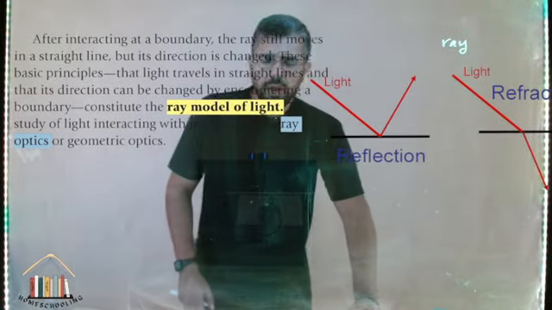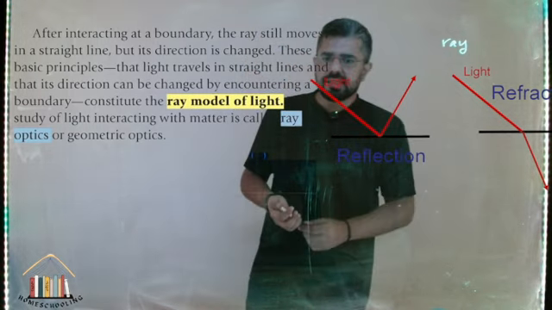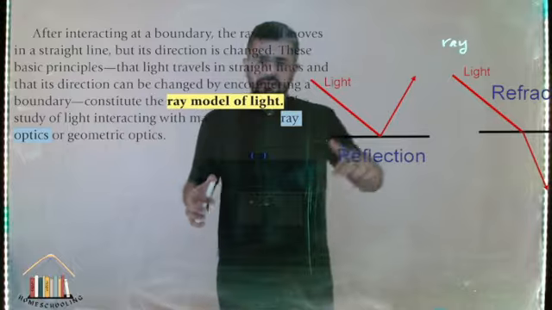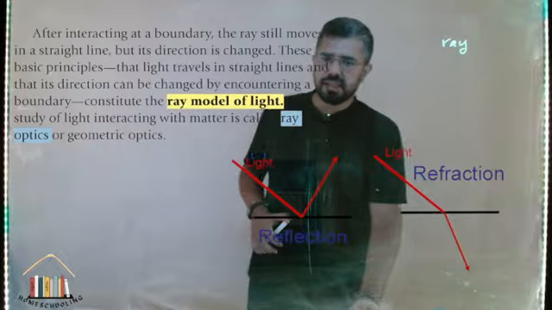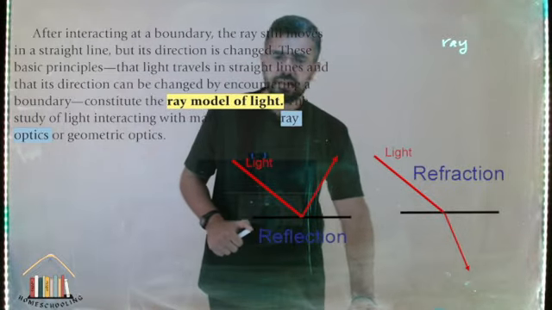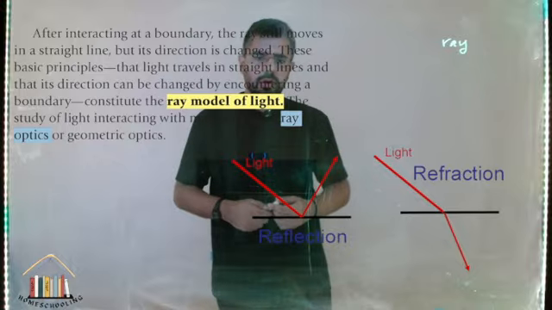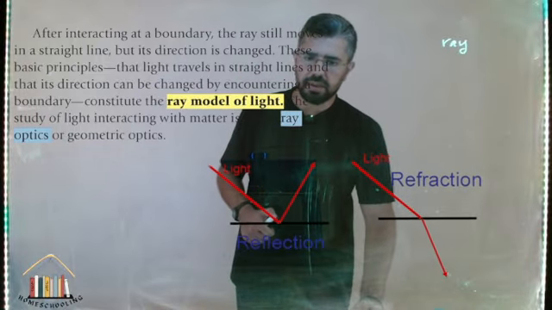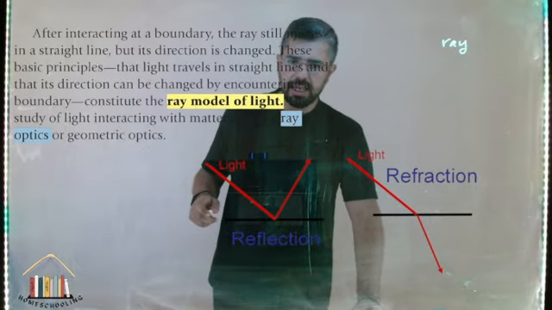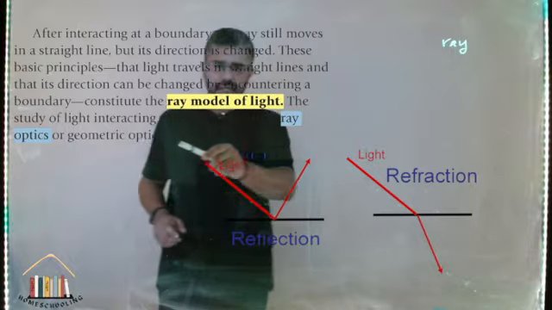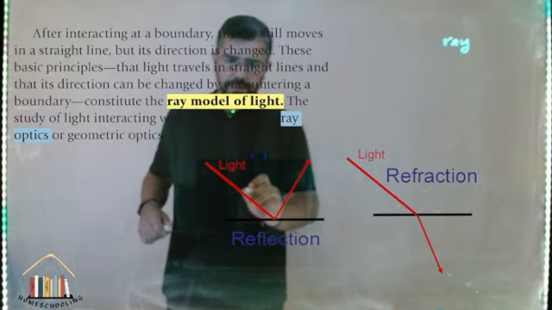When this ray starts from the source, travels along its path and reaches a boundary, this ray of light goes through several behaviors. It could be a reflection, as you see here. The light starts from here.